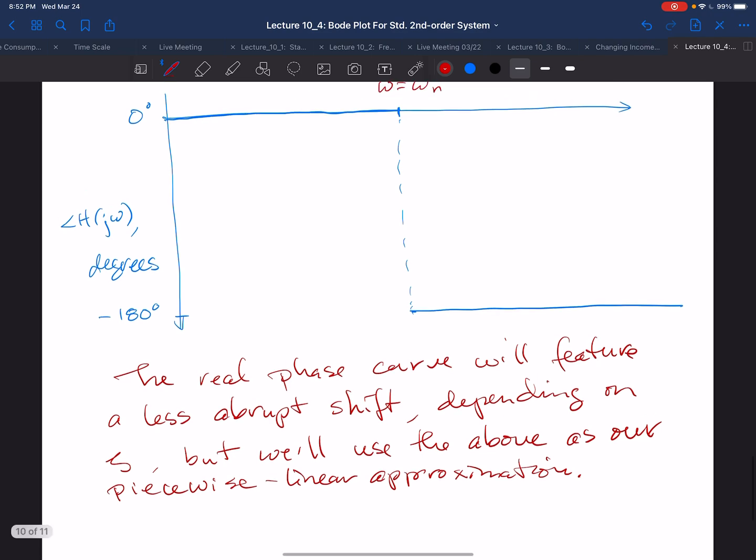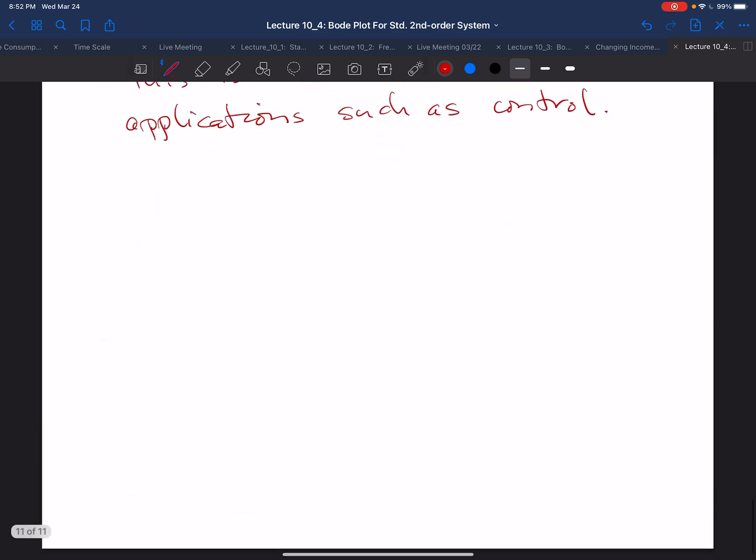So there you have it, the Bode plot for the standard second-order system. It always consists of the two curves, the magnitude curve, or gain curve, and the phase curve.